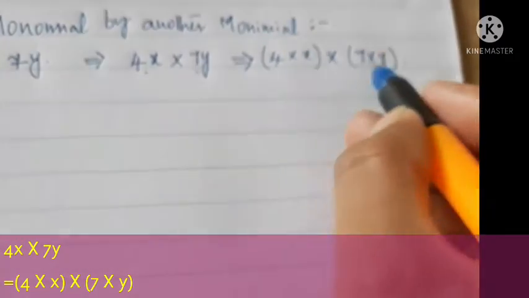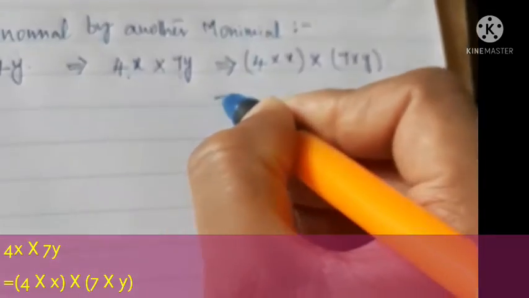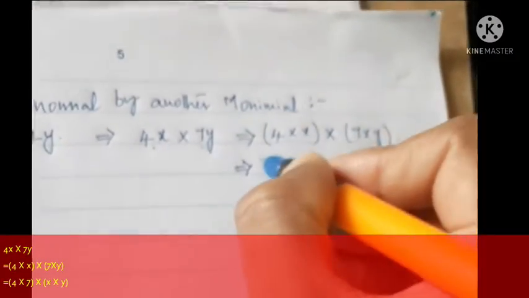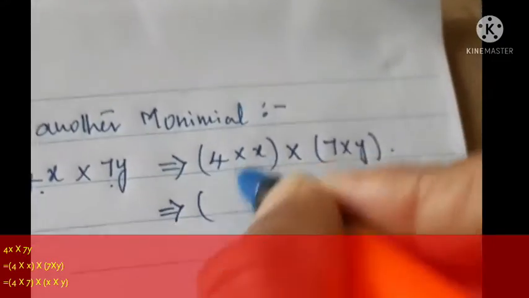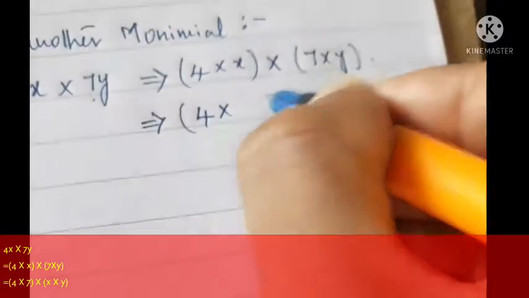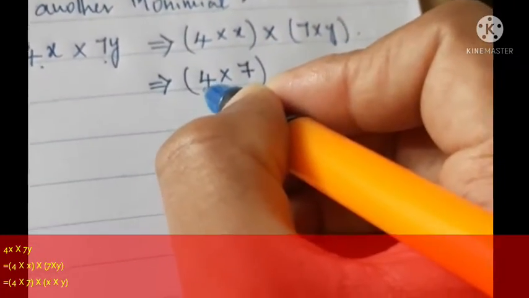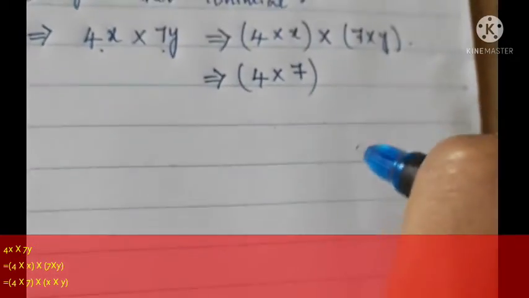Now in order to simplify this given expression, we need to take the coefficients or constant values into two different brackets. Let us observe this. In this first bracket I am writing all the coefficients or constant values. This 4 I have taken as it is here, and this 7 I have written in this box. Why have I written like this?